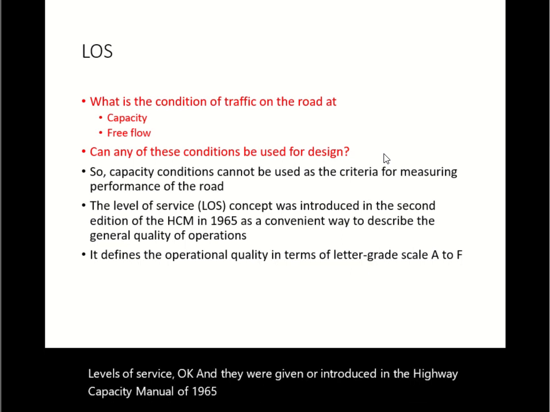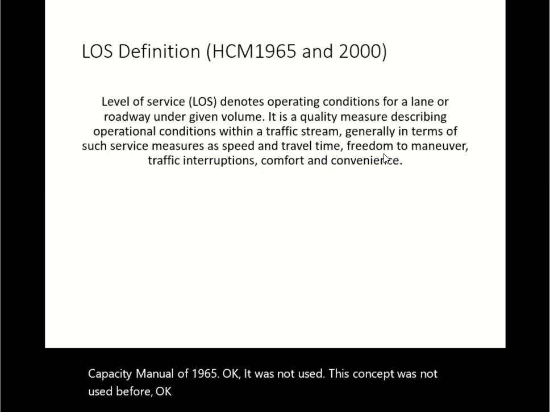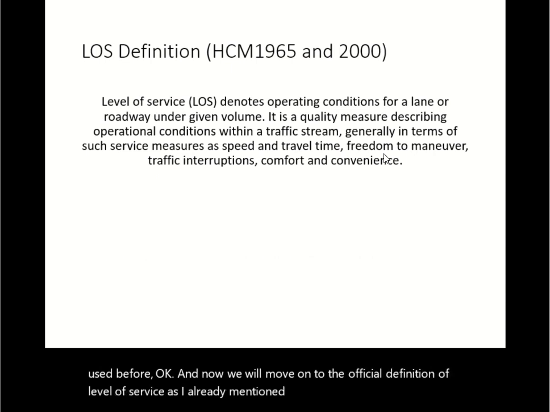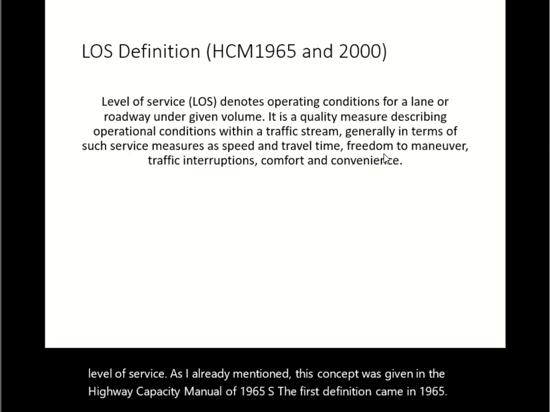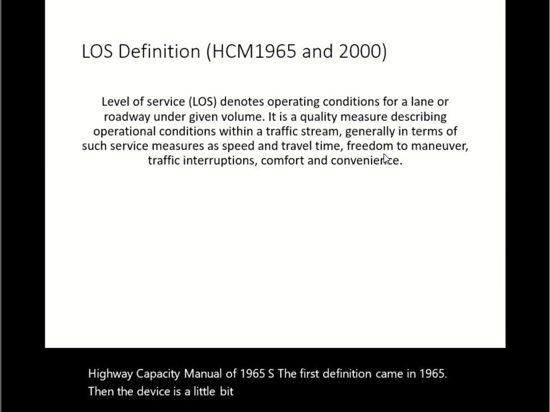This concept was not used before. Now we will move on to the official definition of level of service. The first definition came in 1965. Then they revised it a little bit in 2000.